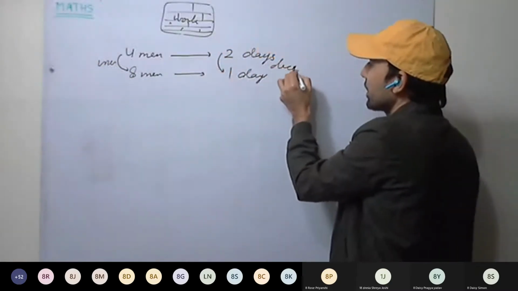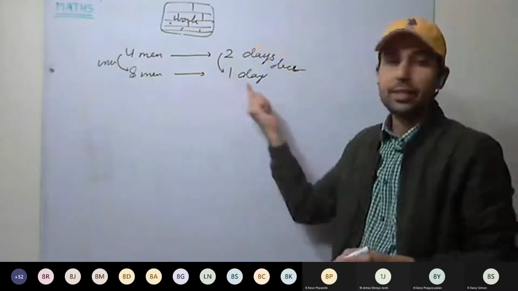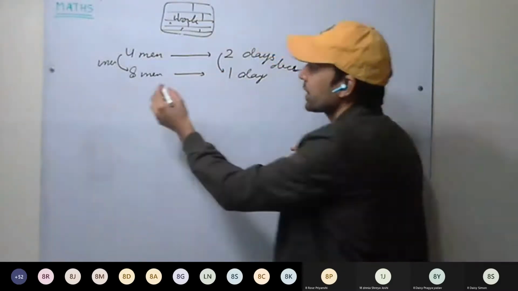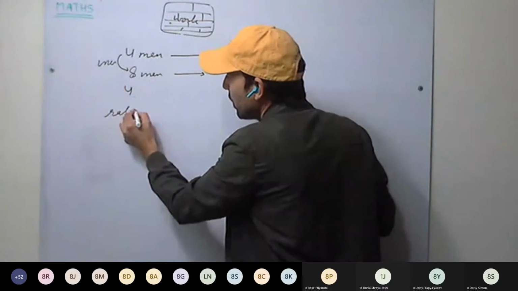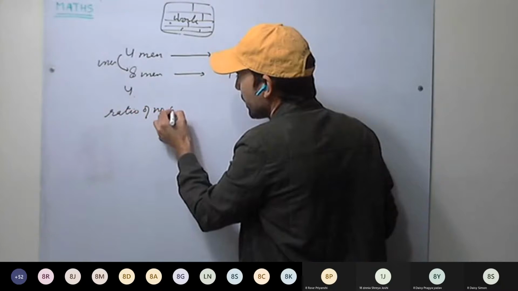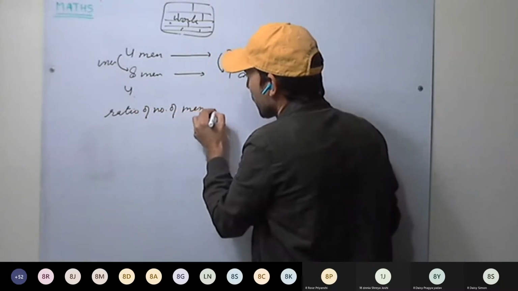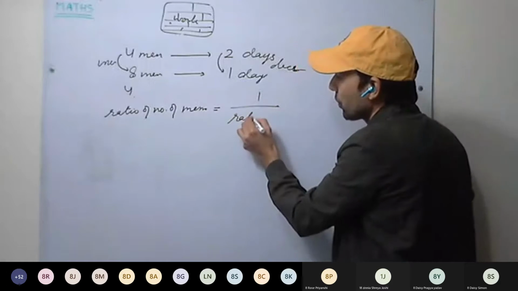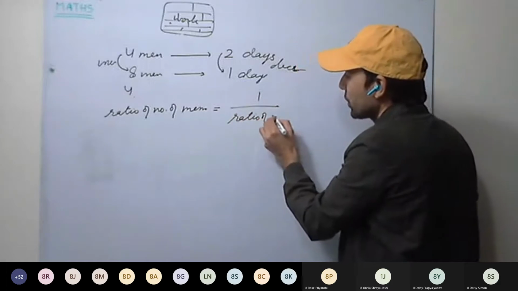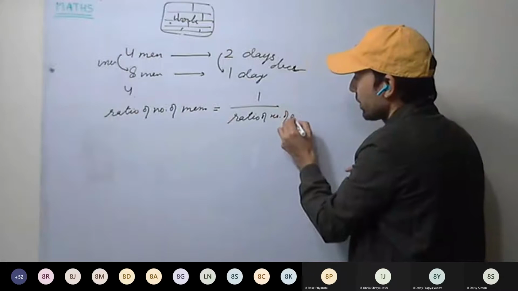So if we take the ratio 4/8, the ratio of number of men, it is equal to 1 upon the ratio of number of days.